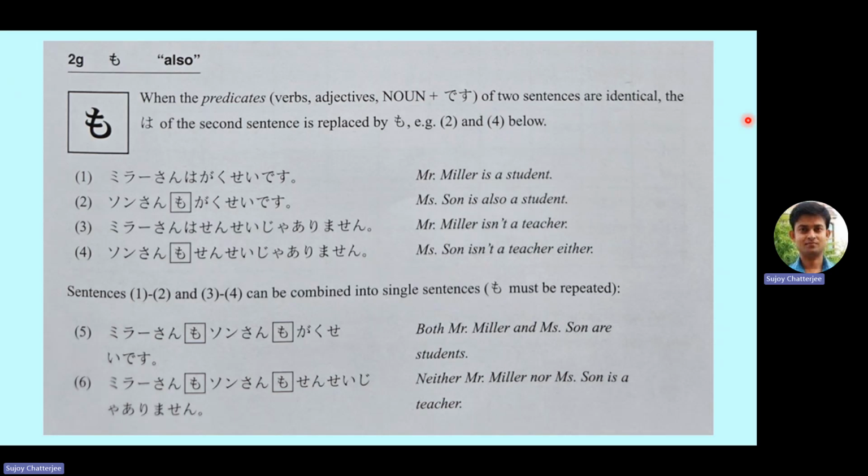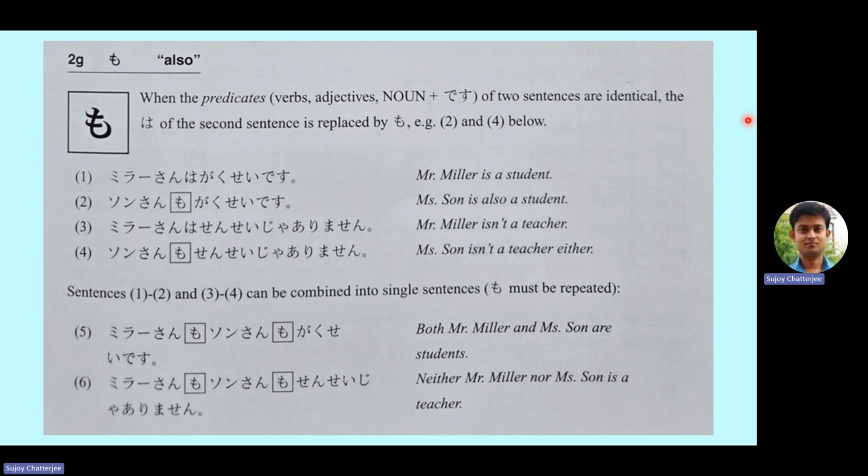When the predicates, that is verbs, adjectives, nouns plus desu, of two sentences are identical, the wa of the second sentence is replaced by mo. Very, very simple thing. That means when we have one sentence and then a second sentence in which the predicate is the same, then the second sentence is also the same.